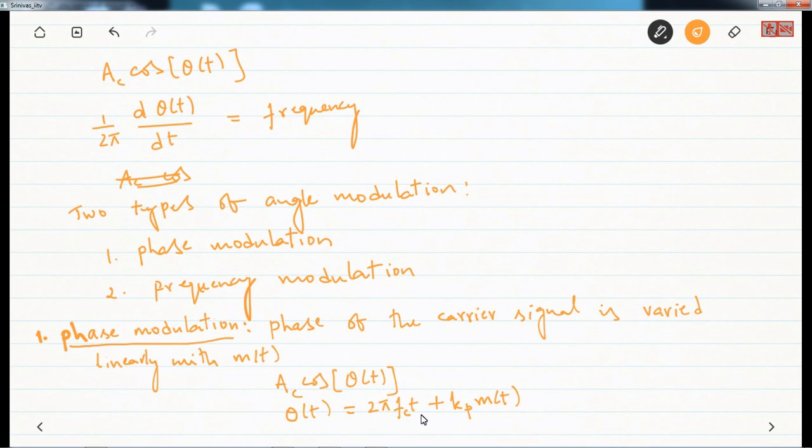But when we do phase modulation, its phase angle, this theta of t, is varied as kp into m of t. This kp is some constant. We'll define it shortly. So this kp is called the sensitivity of the modulator. It is measured in radians per volt. So just note this down.